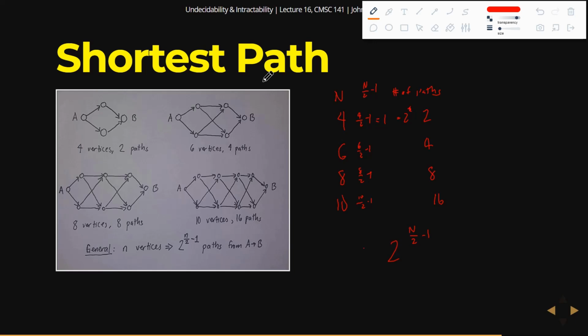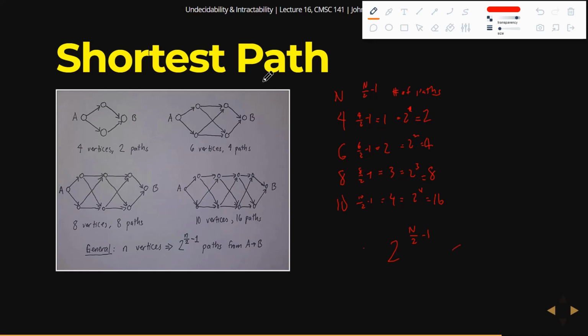So that's 2 raised to 1, which is equal to 2. This is 3 minus 1 is equal to 2, 2 squared equal to 4. You have 4 minus 1 is equal to 3, so that's 2 cubed equal to 8. And then 10 over 2 is 5 minus 1 is 4, so 2 raised to 4 is equal to 16. So that is the form 2 raised to n over 2 minus 1.